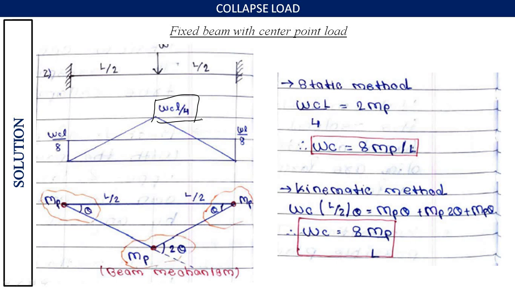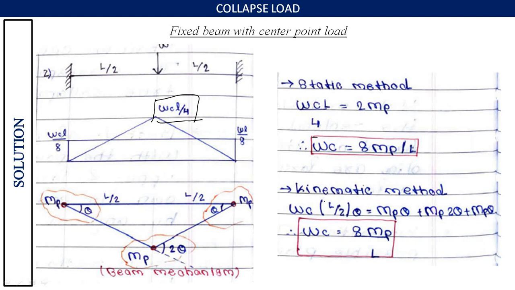So as per the static method, WC L by 4 is equal to 2 MP. Then making WC the subject, the collapse load will be found as 8 MP by L.